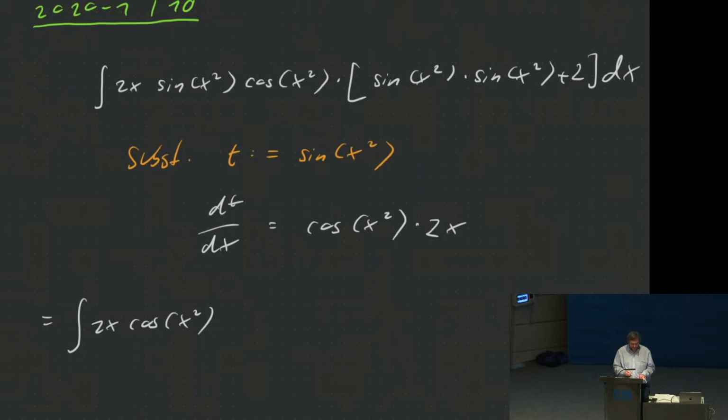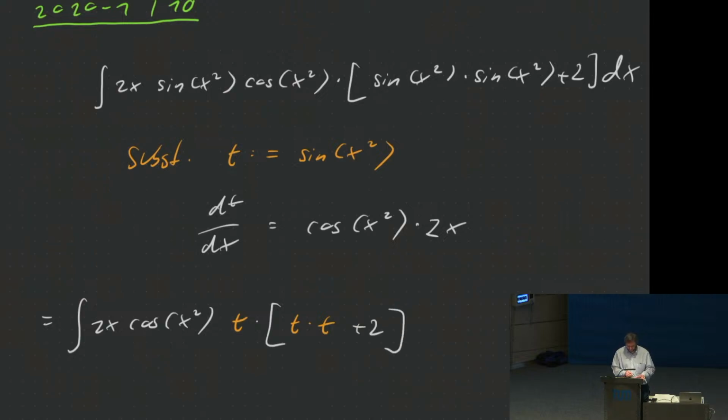replace by my substitution, 2x cosine x squared. Then I have sine of x squared, this one here. I replace that by t, times. Here I have sine x squared, so t times t, plus 2.